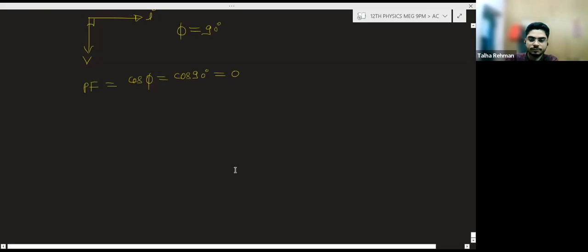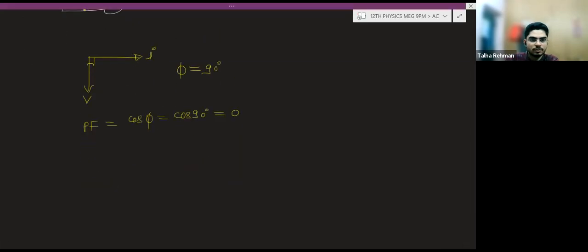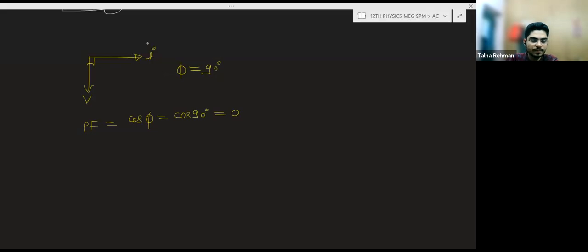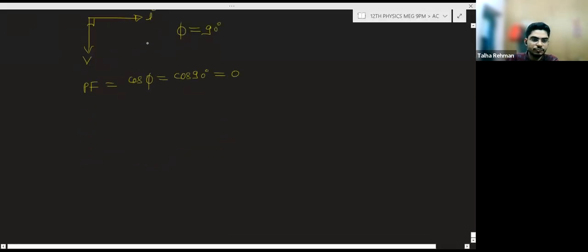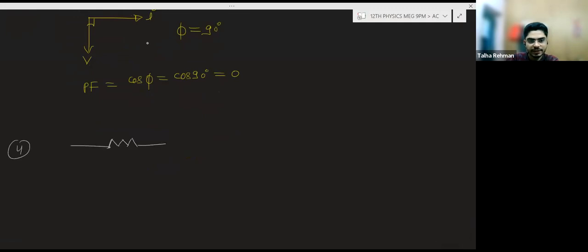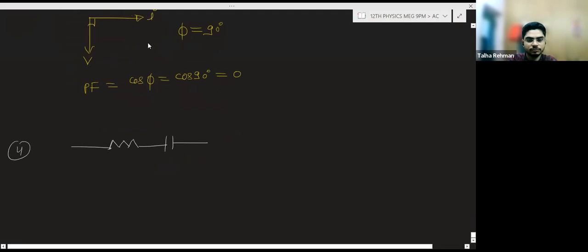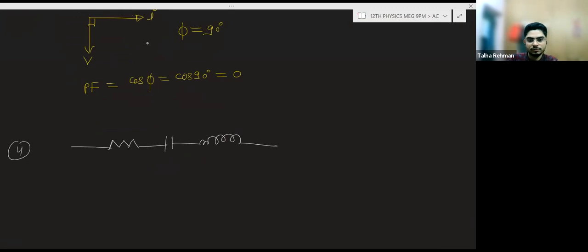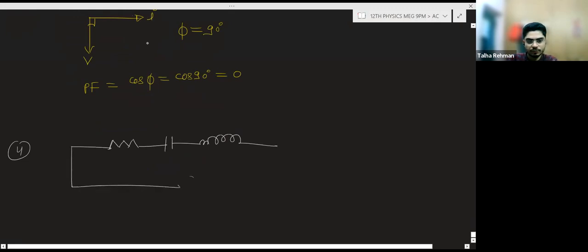Okay, so this is fourth. If we have a series LCR circuit, series LCR circuit means resistance is connected in series with a capacitor, and this capacitor is connected with an inductor, and all of the three are connected in series with an AC source.